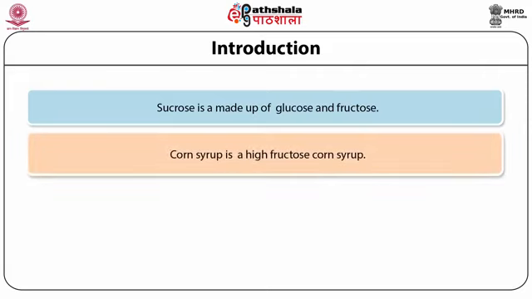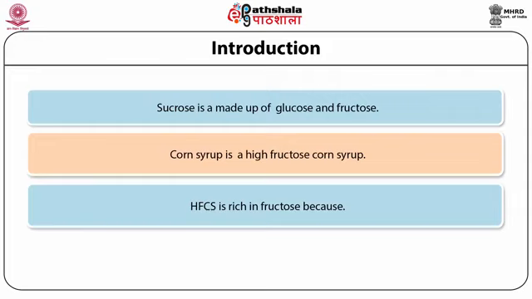Corn syrup is recognized as high fructose corn syrup, which gives the impression that it is very rich in fructose content, but the difference between the fructose content in sucrose and high fructose corn syrup is only 5 to 10%.